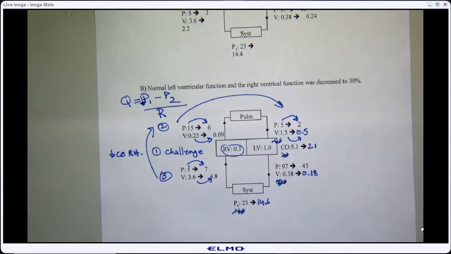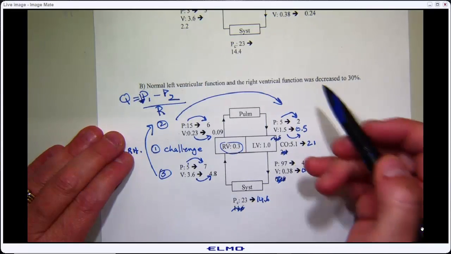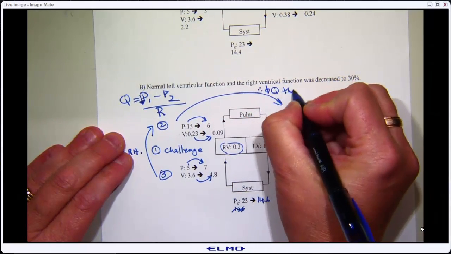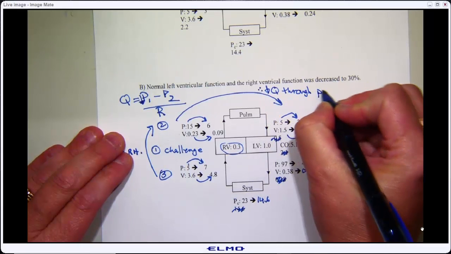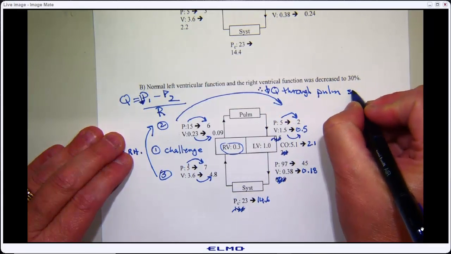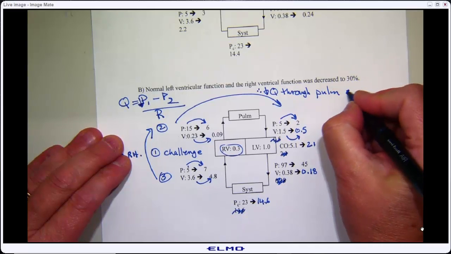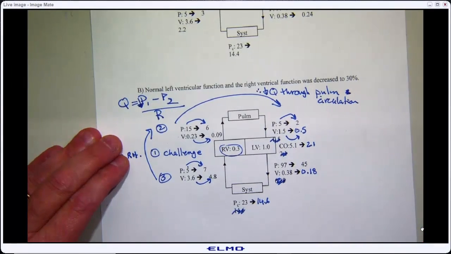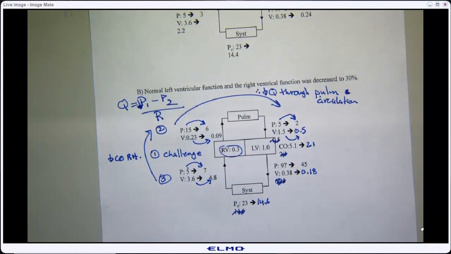So we should see flow from the pulmonary arteries to the pulmonary veins drop, right? So we absolutely should see a decrease in flow from the pulmonary artery compartment to the pulmonary vein compartment. Brilliant. Okay.